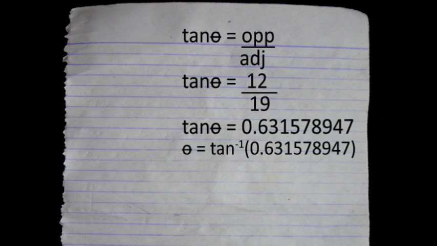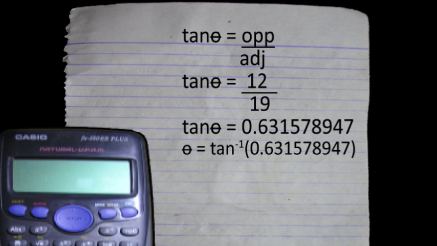How will you solve the problem? So, is that the final solution? No. Take the inverse of the tangent, tangent to the -1, and you get tangent -1 times 0.63157894737.